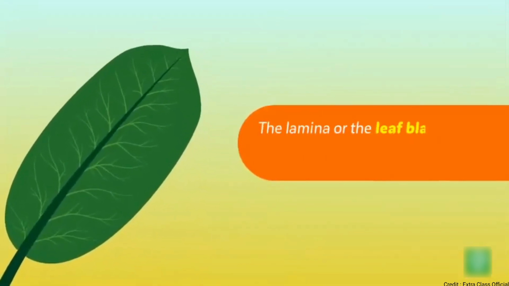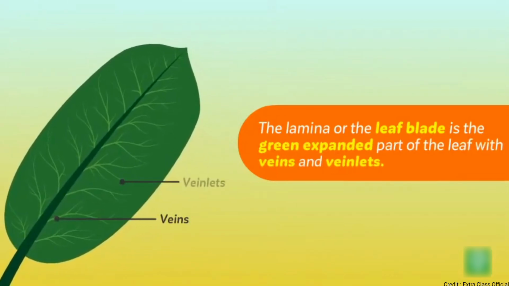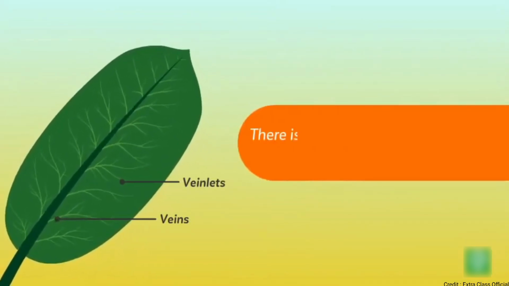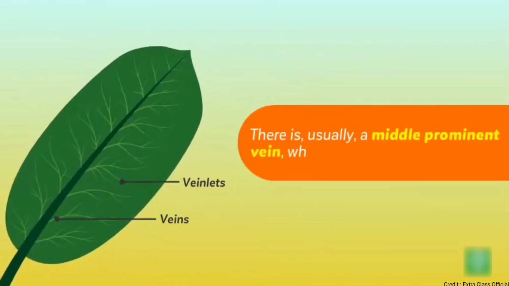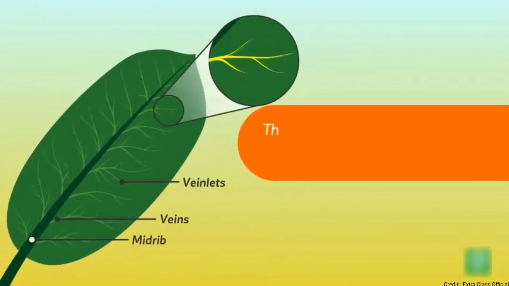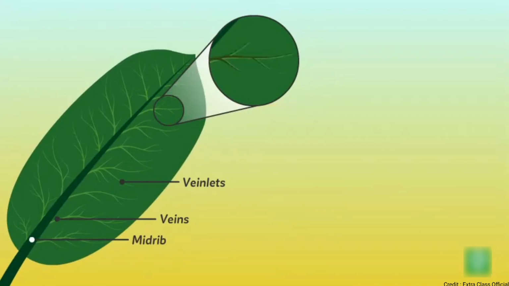The lamina or the leaf blade is the green expanded part of the leaf with veins and veinlets. There is usually a middle prominent vein which is known as the midrib. The arrangement of veins and the veinlets in the lamina of the leaf is termed as venation.